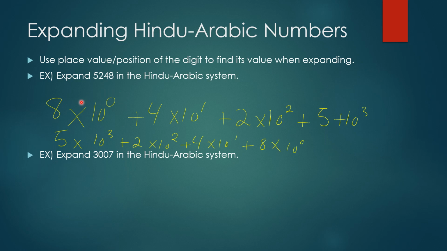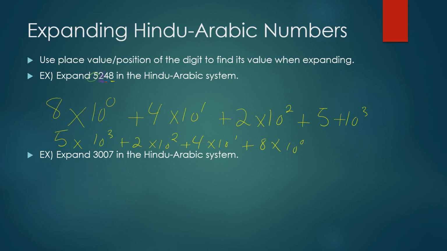But this 10 to the 0 represents the ones place. 10 to the first is the tens place. 10 squared represents the hundreds place, and 10 cubed is the thousands place, which is why we have ones, tens, hundreds, and thousands.